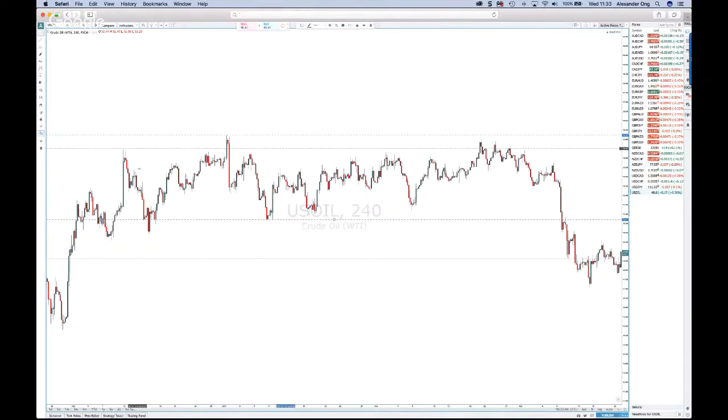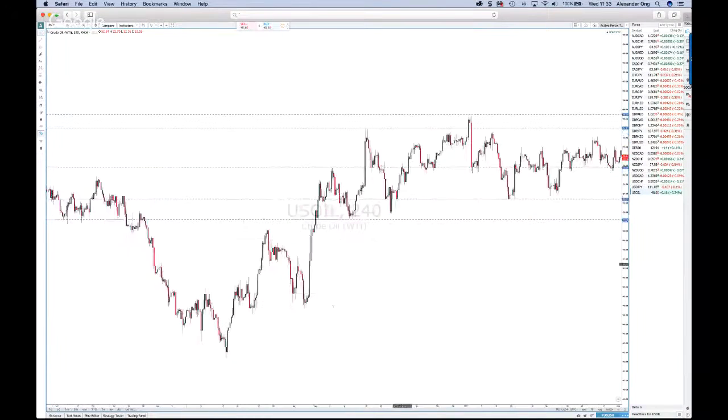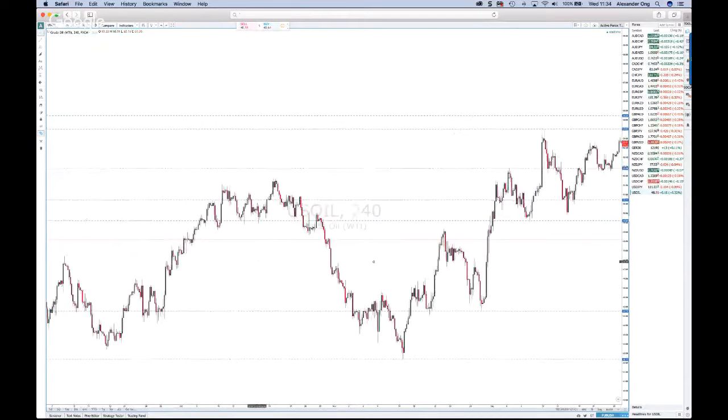That is a resistance level, there's no doubt. That is a support level. As a resistance level. So hopefully what you can see here is I'm only marking up the major levels on my chart. I just want the biggest levels to give me a clue on the direction of things.